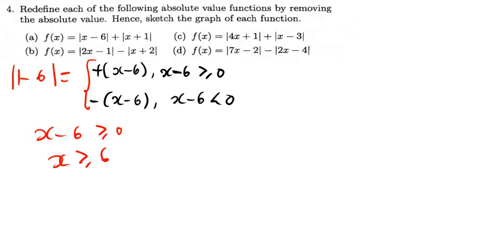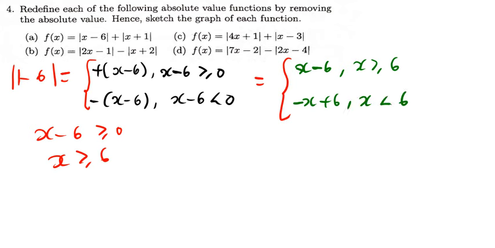The next step is, if I multiply positive by everything inside, it's going to be x minus 6, the condition that x is greater than or equal to 6. The second one, if I multiply by negative, negative times x is negative x, and negative times negative 6 is positive 6. The condition should be x is now less than 6.